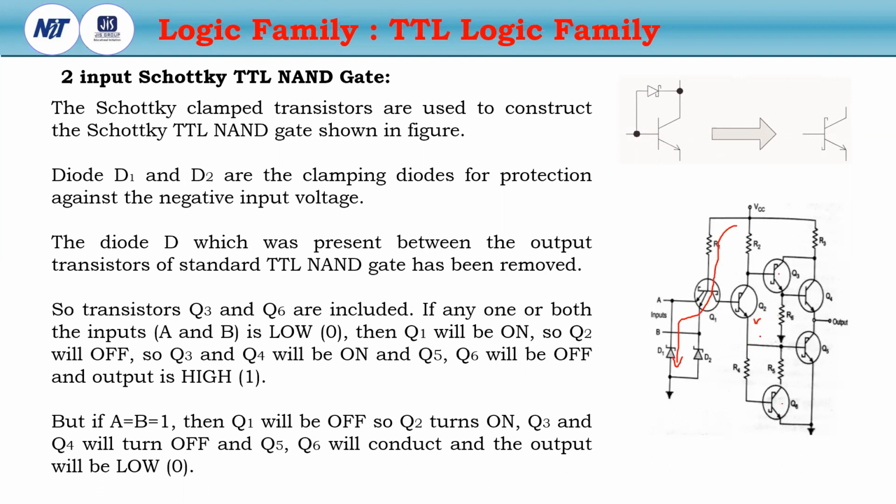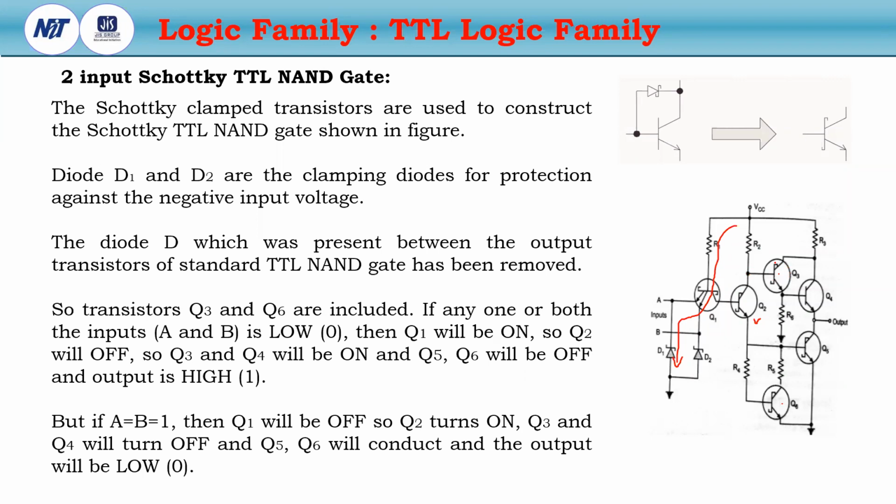If Q2 is off, then Q3 and Q4 will be on. If this is off, there is no current, so this node voltage is VCC.